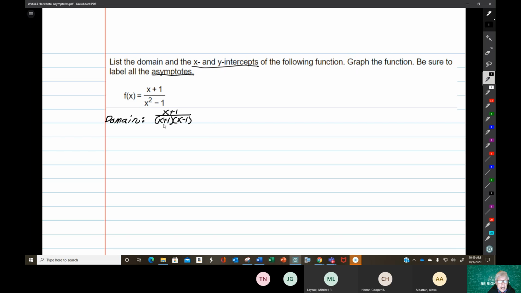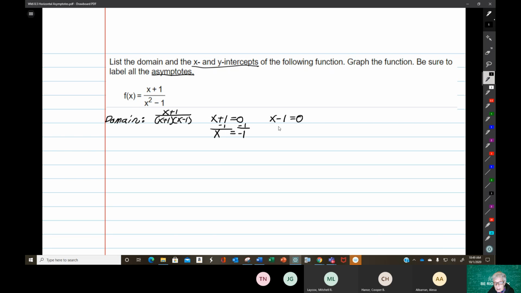I set each factor equal to 0. I subtract 1 from both sides. 1 minus 1 is 0. So I'll have x on the left and negative 1 on the right.